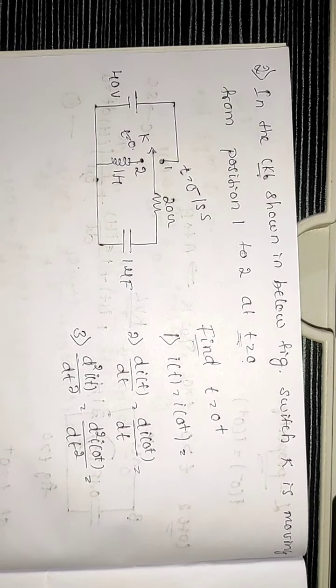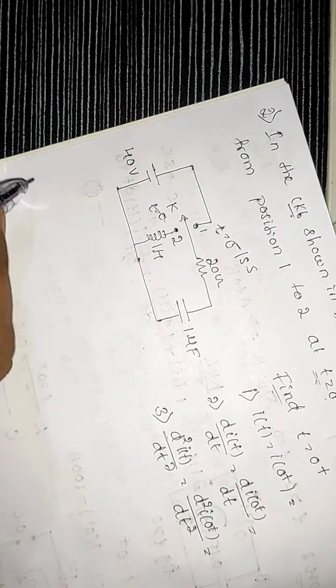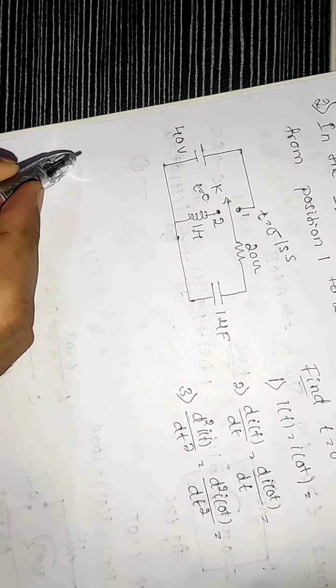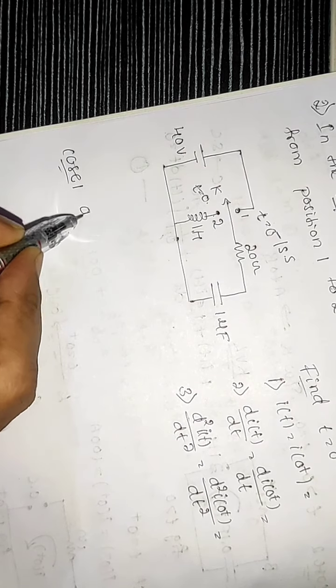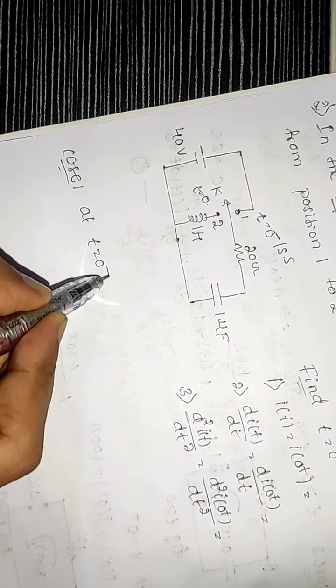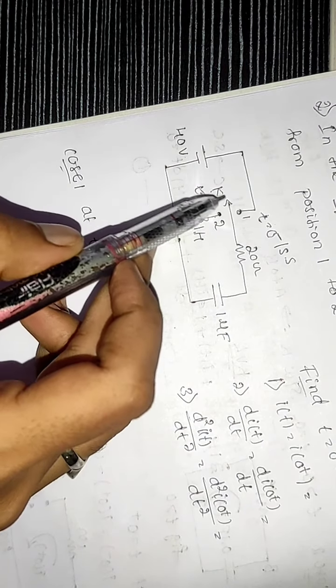Before finding all these, first consider case 1, at t equals 0 minus. At t equals 0 minus, switch K is at position 1.